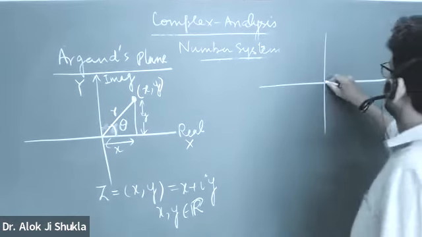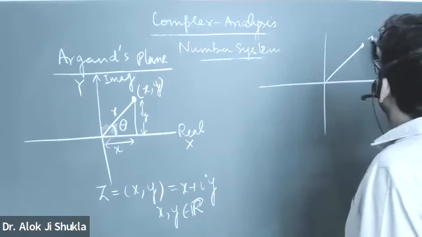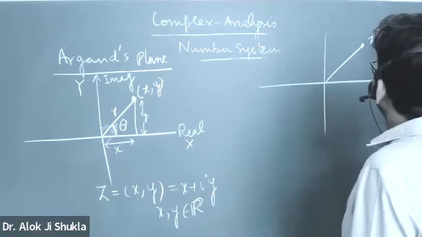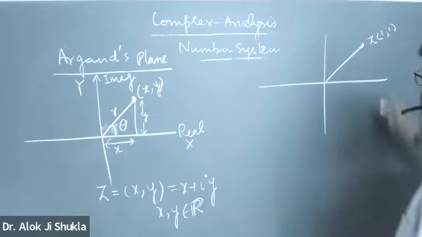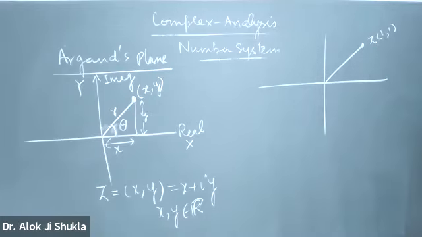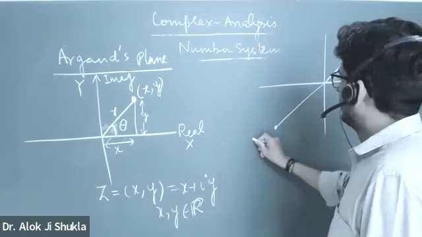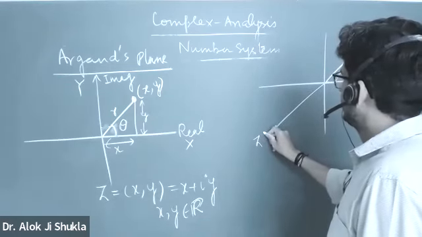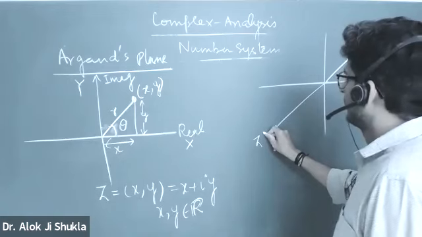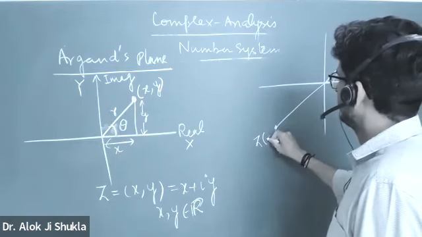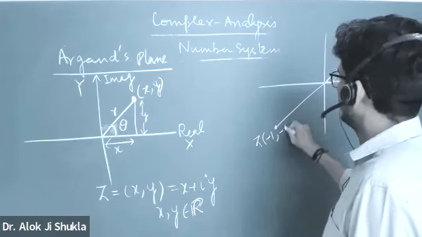And this is a point z which is 1 comma 1, and this is another point of z which is minus 1 comma minus 1.